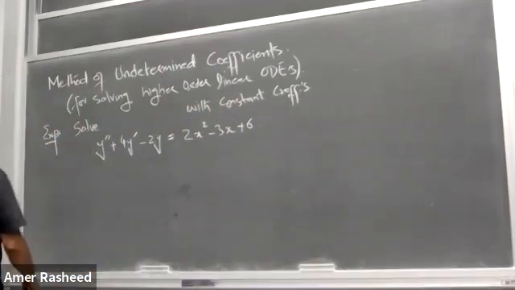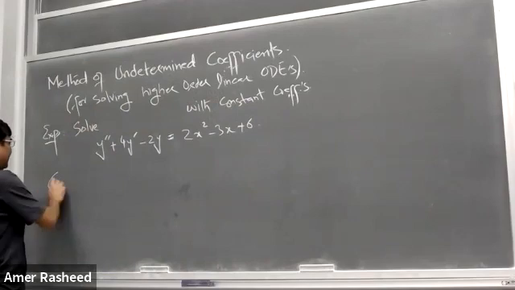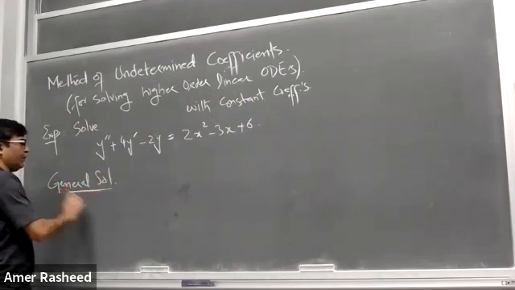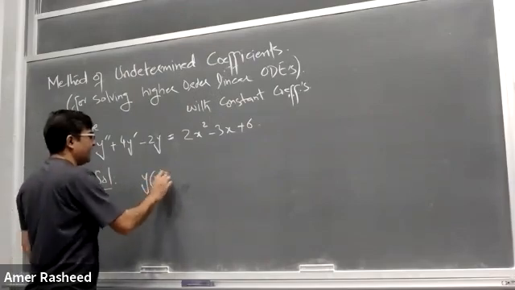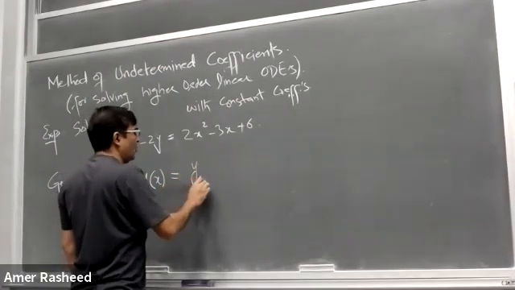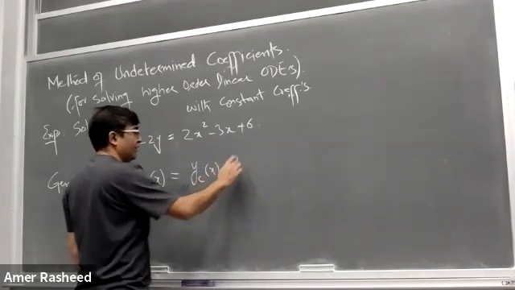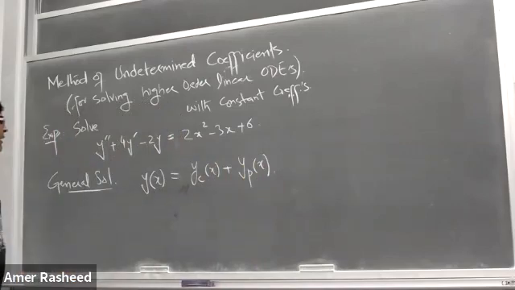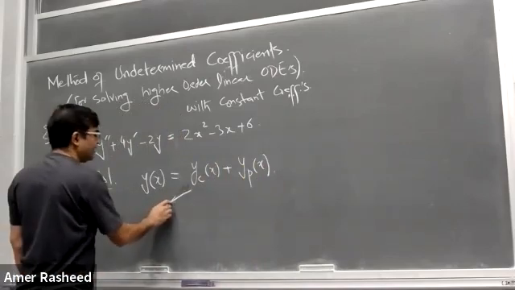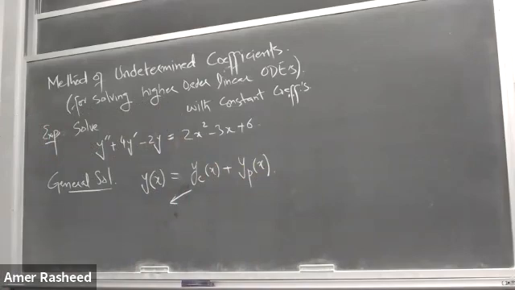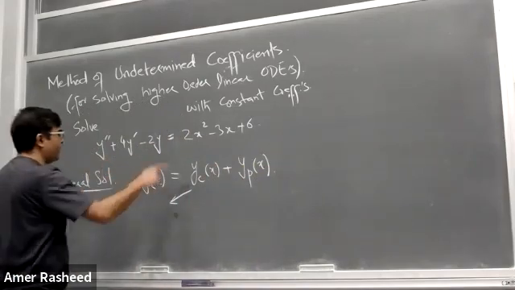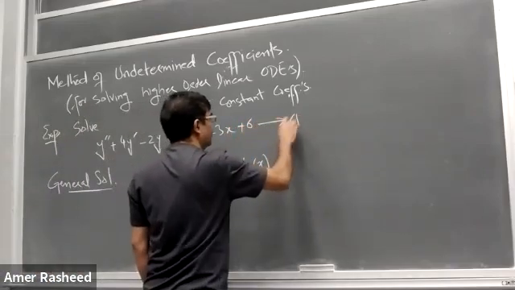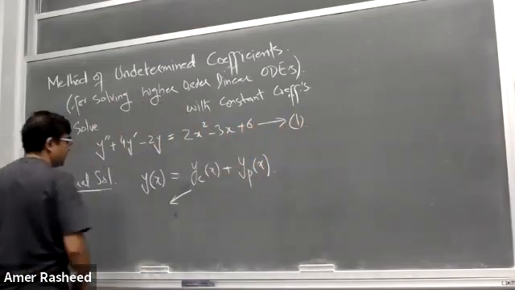As you know, the general solution of this differential equation would be y of x, the sum of the complementary function, or complementary solution, plus the particular solution or the particular integral. The complementary solution is the general solution of the associated homogeneous differential equation.